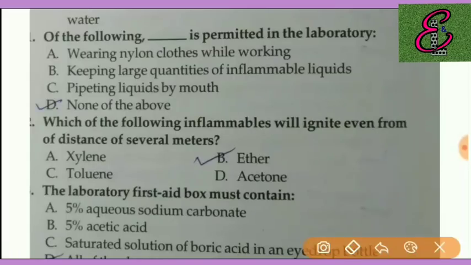The answer is none of the above. It means wearing nylon cloth while working is not allowed. Keeping large quantities of inflammable liquids is not allowed. Pipetting liquids by mouth is not allowed.